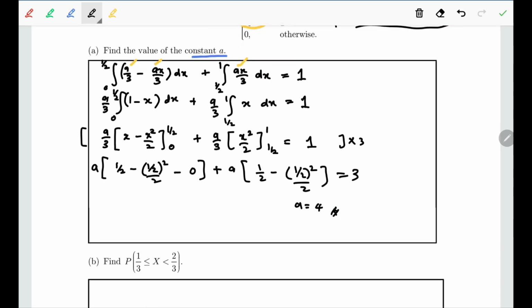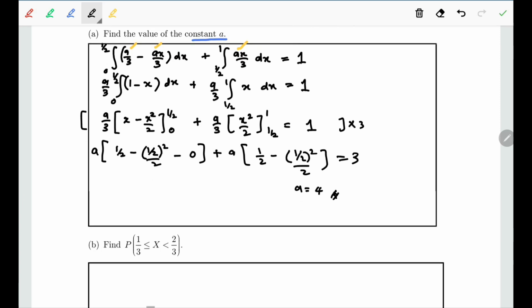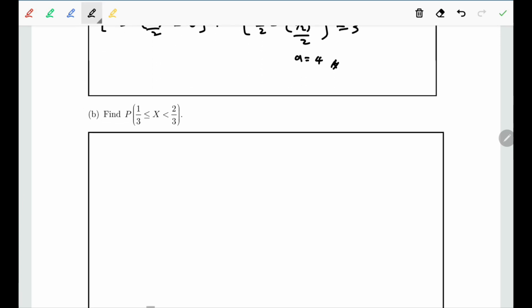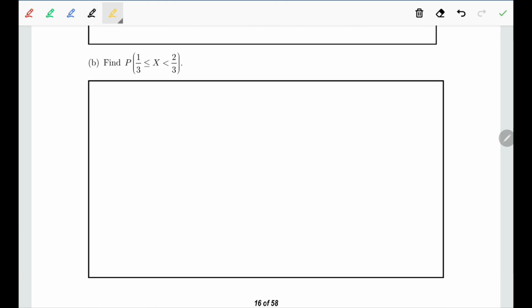Right, then we're going to proceed with part B. For part B, the question asks to find the probability for x varying from 1 over 3 to 2 over 3.